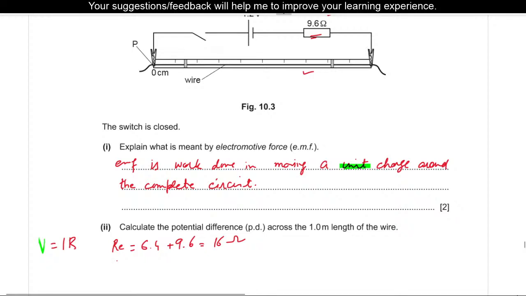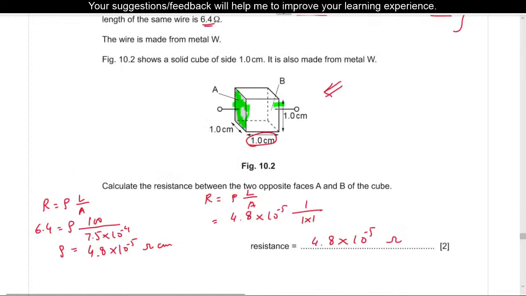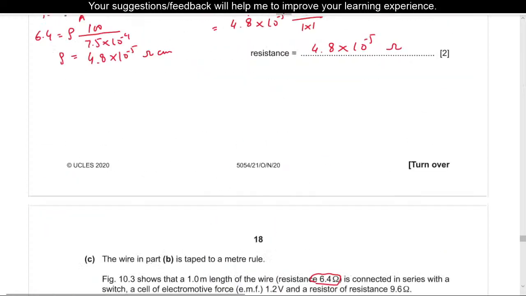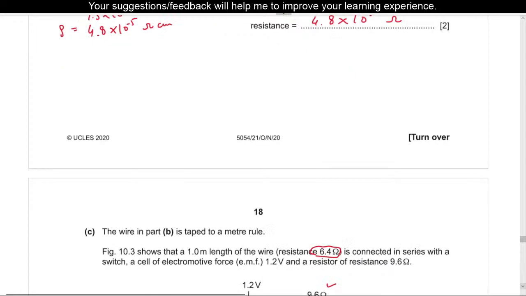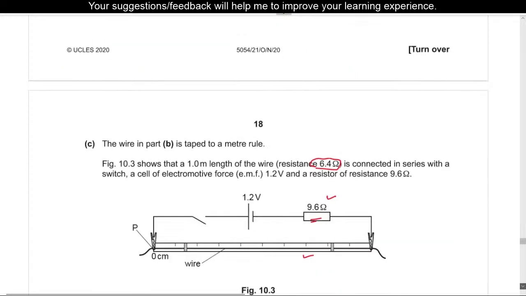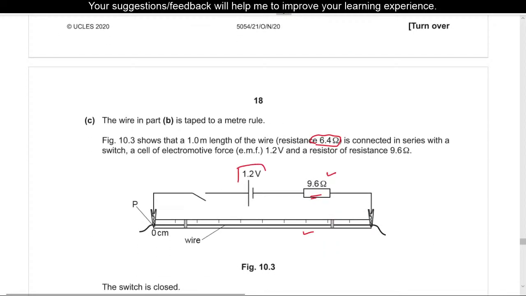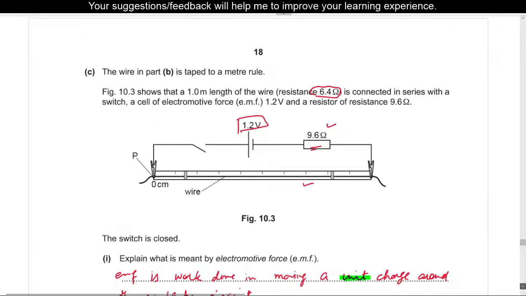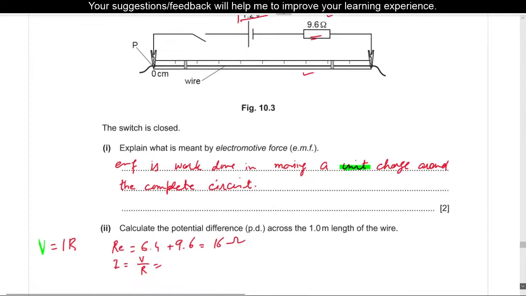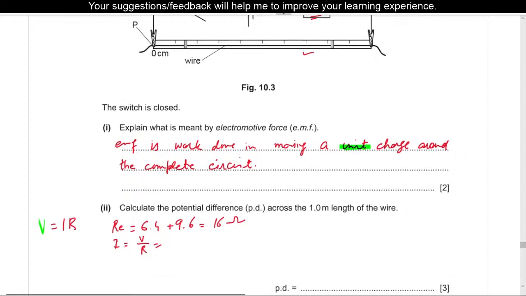Using the same equation, I is equal to V over R. Voltage is given as 1.2 volt, and effective resistance is 16.